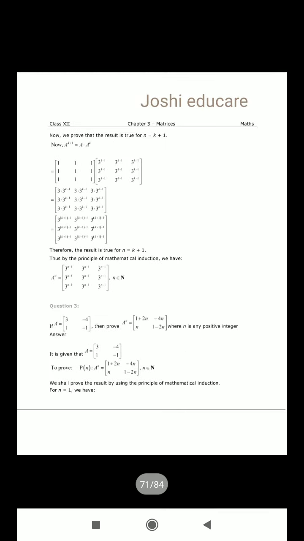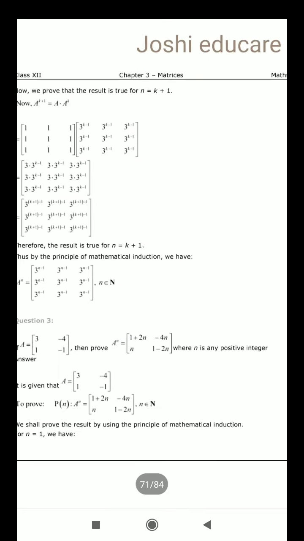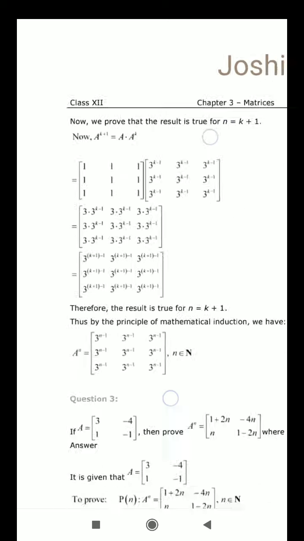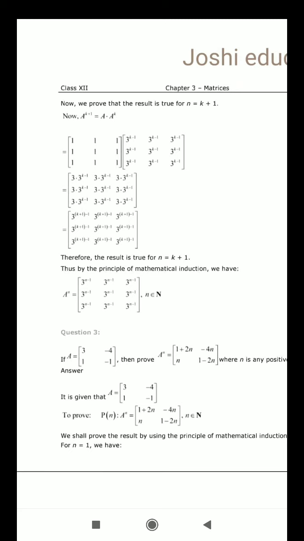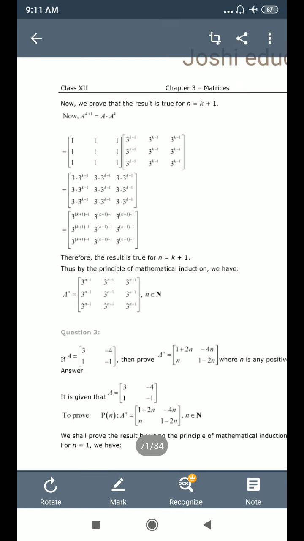Now next we will calculate Pk plus 1. So to get Pk plus 1, in the same expression we will replace n by k plus 1. So the left hand side will become A raised to power k plus 1.